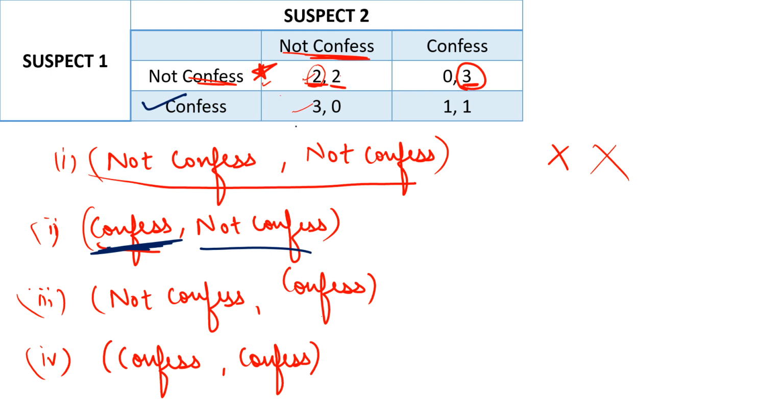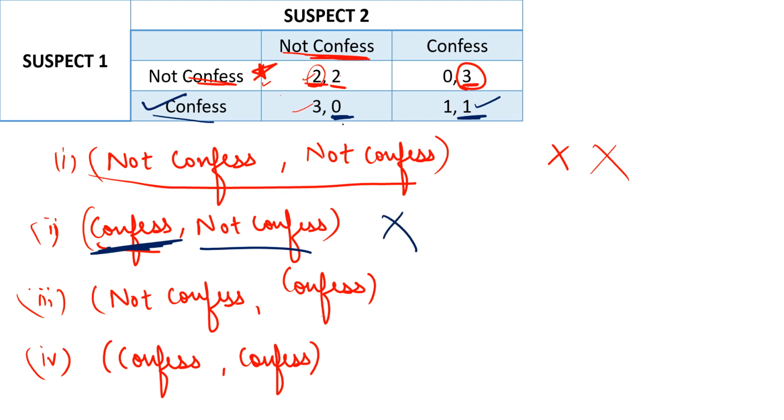First of all, suspect 1 keeps its equilibrium strategy as confess. Now, does suspect 2 have an incentive to deviate? If suspect 1 chooses to confess, then suspect 2 has to decide either this 0 or this 1. Suspect 2 will always choose 1, because it will never choose 0. So this is again not a Nash equilibrium strategy, because player 2 will always deviate.